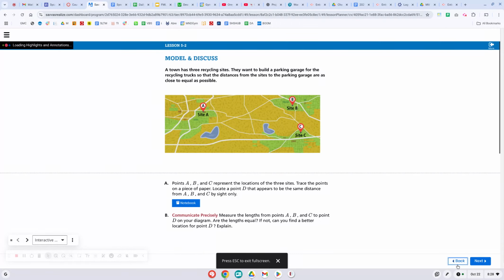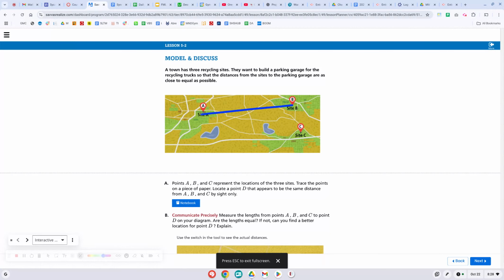Okay? So how would we find the best site? Well, we would draw a triangle, I'll just do this very quickly. Find the perpendicular bisectors. Oh, let's see how these are going to line up.